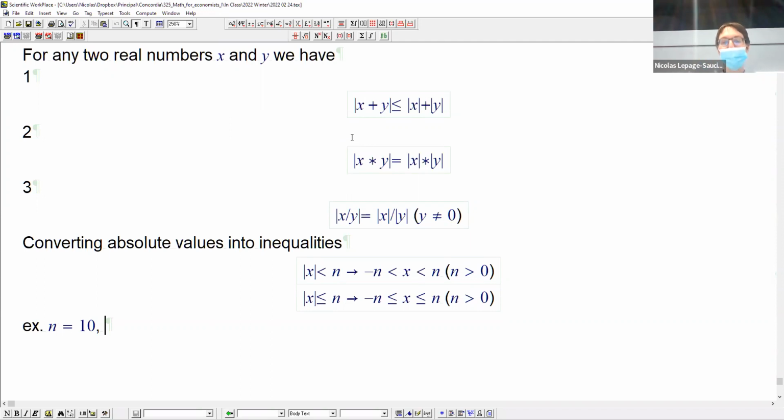It means this will be true as long as x is 10, 9, 8, 7, or not 10 exactly because I have weak. But it's going to be true if I have anything below, so x must be between minus 10 and 10, depending on which case I include or not include them.